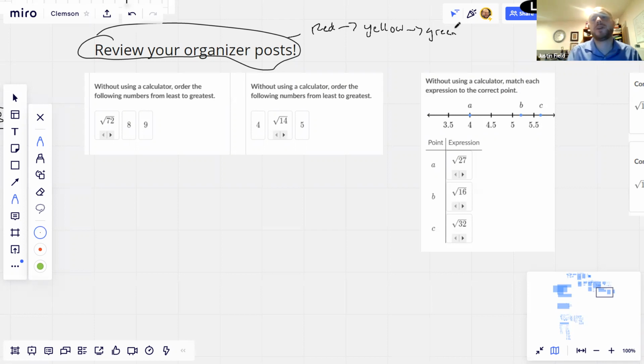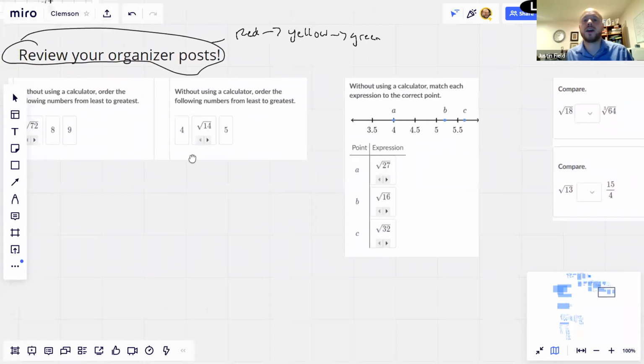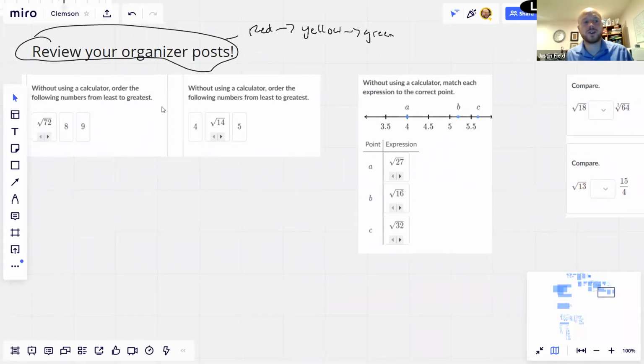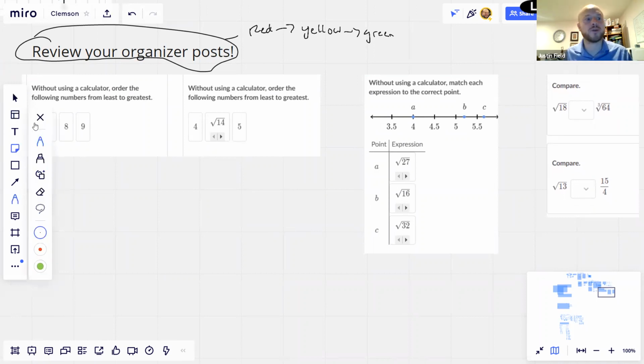The reason is because we're going to have 3 new assignments, but I'm going to throw some old questions from weeks 1 and 2 on the quiz. It's because I want you to be reviewing your organizer post. Don't just forget about a concept after we did it 1 week and think, oh, on to the next thing, I don't need to know that anymore, right?